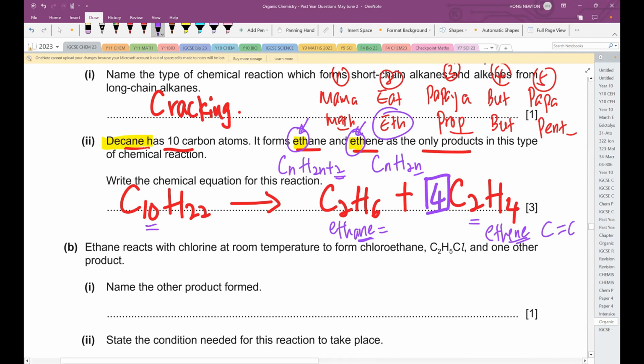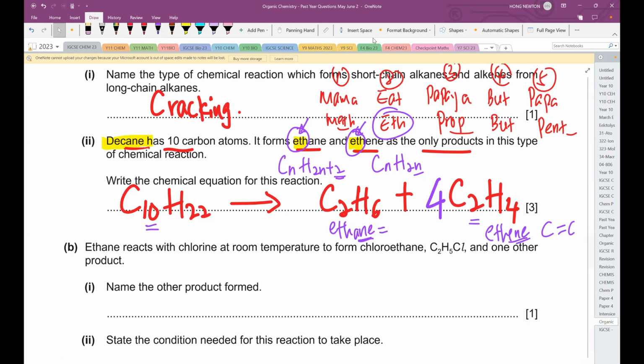So now you change 4. 4 times 2, 8. 8 plus 2, 10. All right, so then you get the equation already. So meaning in front of here, you need to add 4 in front.